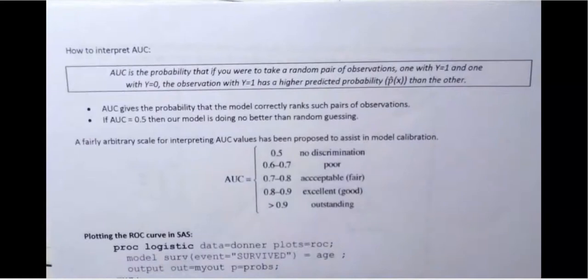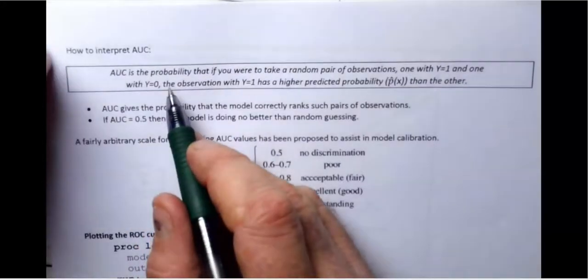Well, the interpretation of the area under the curve is a little tricky. It's a probability.